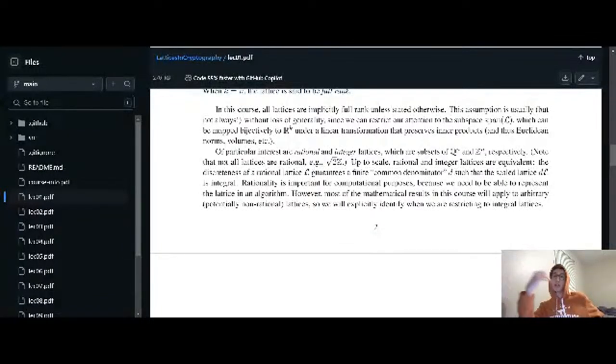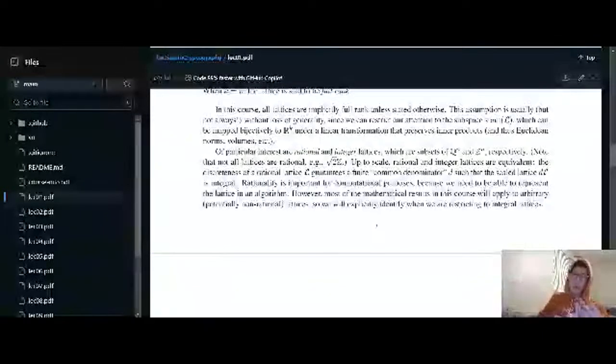That's what a rational lattice is. The two are kind of interchangeable when you consider them that way. So that's pretty interesting. Yeah, dope.